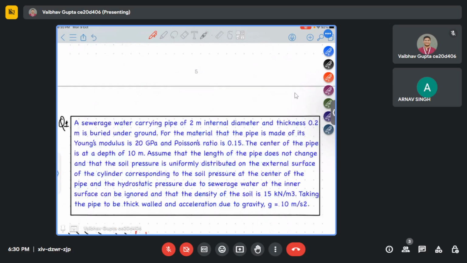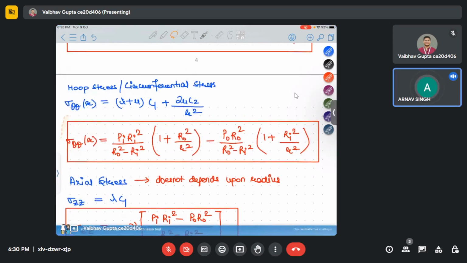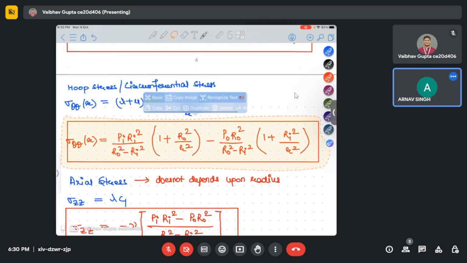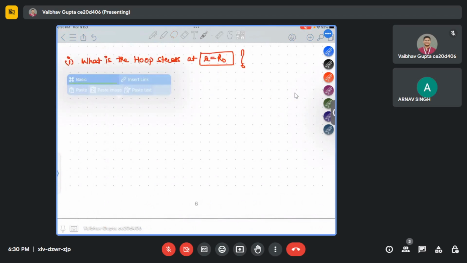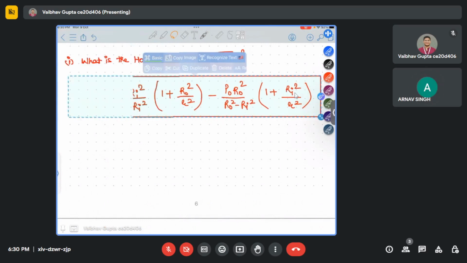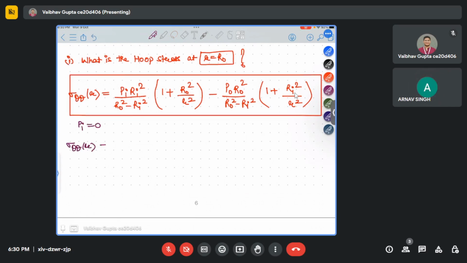So what is the generic formula for hoop stress? This is the formula, sigma theta theta equals Pi Ri square minus P naught R naught square upon R naught square minus Ri square, times 1 plus Ri square upon R square. So this is the general formula of hoop stress. Now here we'll deduce this formula for our case. Pi is 0, so this first term goes to 0.